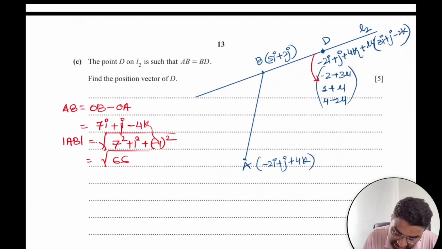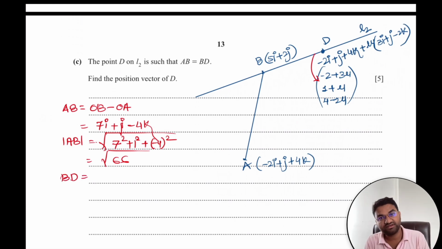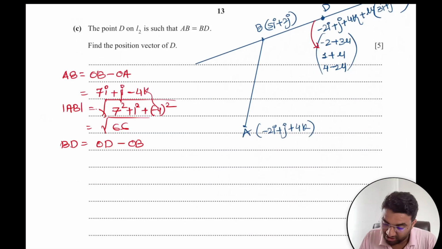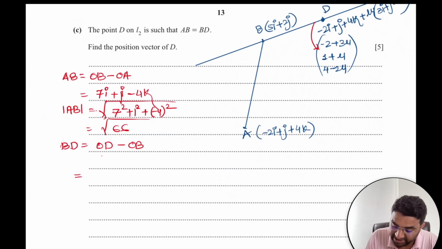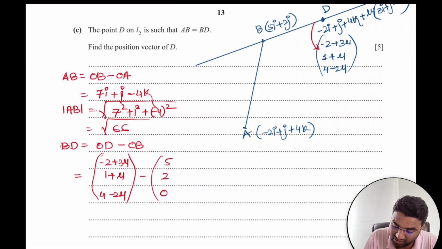Now you have to calculate BD. BD distance you have already in the form of mu, isn't it? So the position vector OD minus OB. Now OD, I will write it completely to remove the confusion. So it's negative 2 plus 3 mu, 1 plus mu, and 4 minus 2 mu, minus OB, which is 5i, 2j, and 0k.